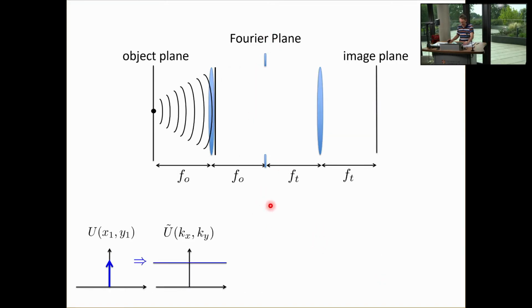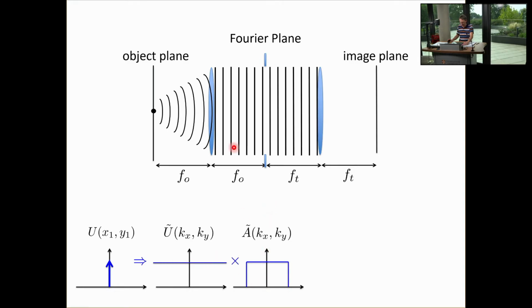So we'll do this here. So here we have now in the Fourier plane a product. The spectrum is multiplied by the slit function or by the circular aperture function for the lens. And then we synthesize from this clipped spectrum.